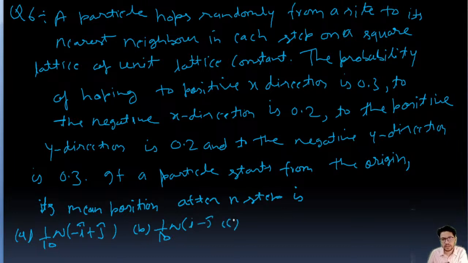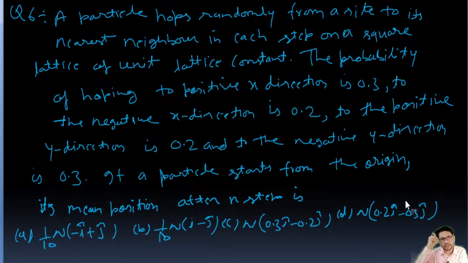Option C is n into 0.3 i cap minus 0.2 j cap, and option D is n into 0.2 i cap minus 0.3 j cap.